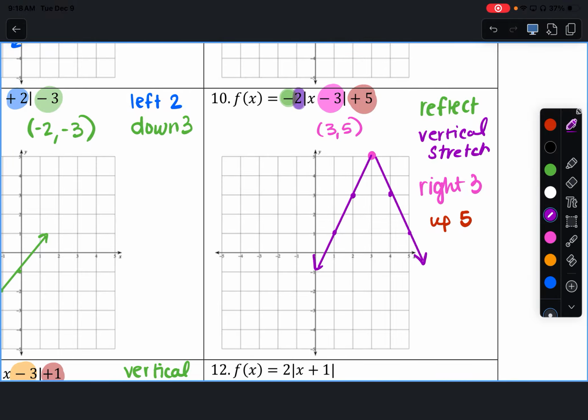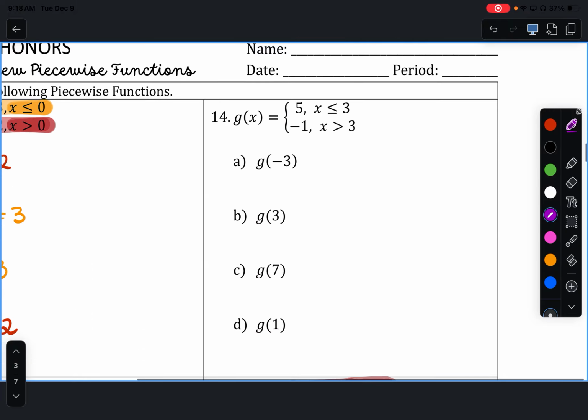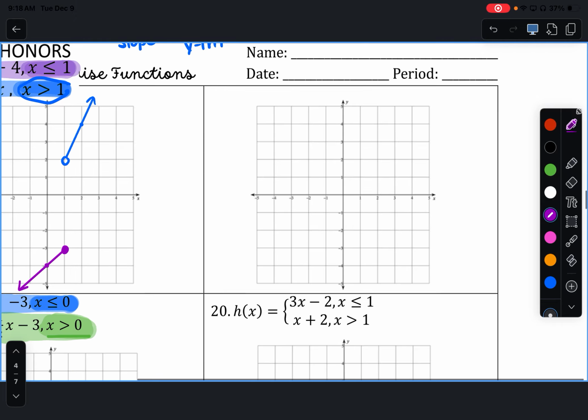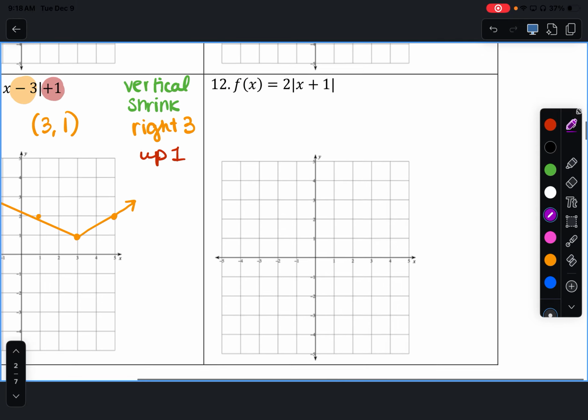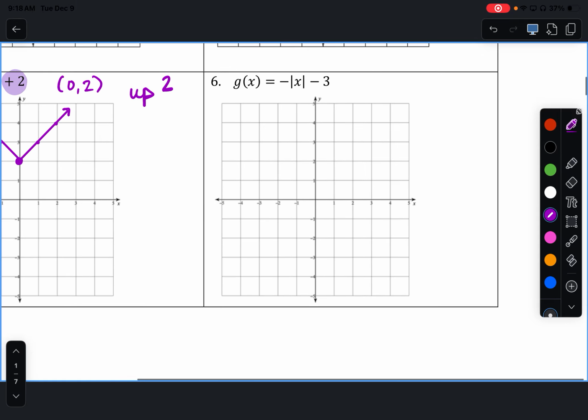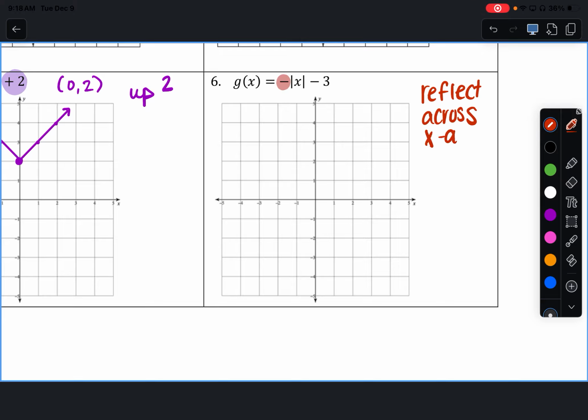Okay, any questions on the piecewise function section? You go for number 6. Number 6. Okay, for number 6, in the very front, what does that minus cause to happen? Yep, it is a reflection across the x-axis. Okay, then what does the -3 cause?